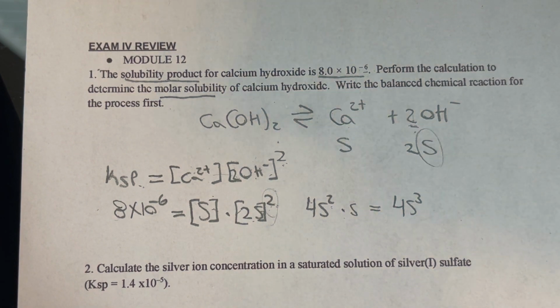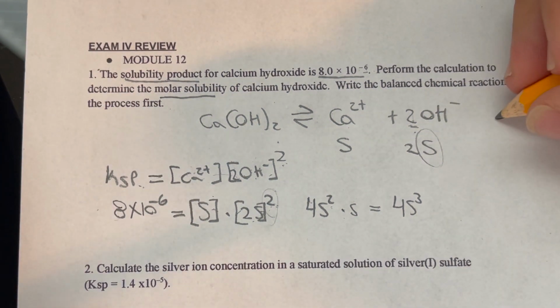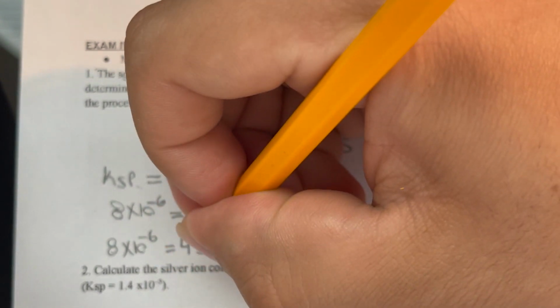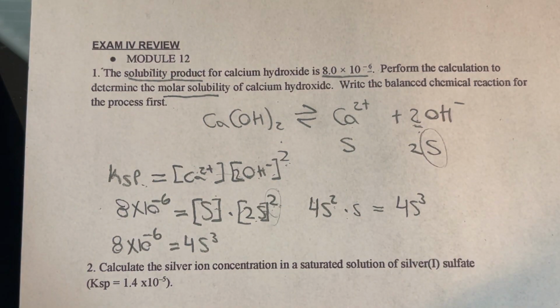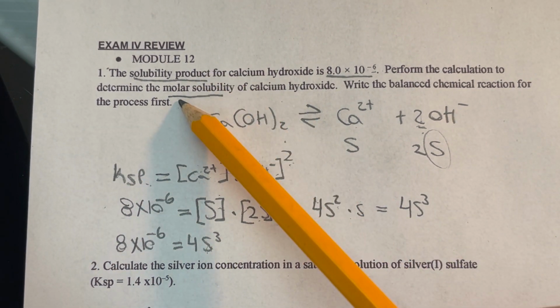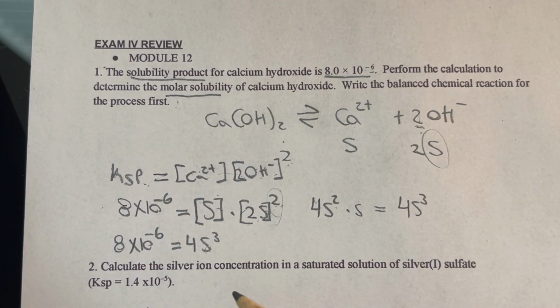Okay. So now we know that KSP, which is 8 times 10 to the negative 6, is equal to 4S cubed. So all we have to do is solve for this variable S. And this variable S is going to be the molar solubility for calcium hydroxide.